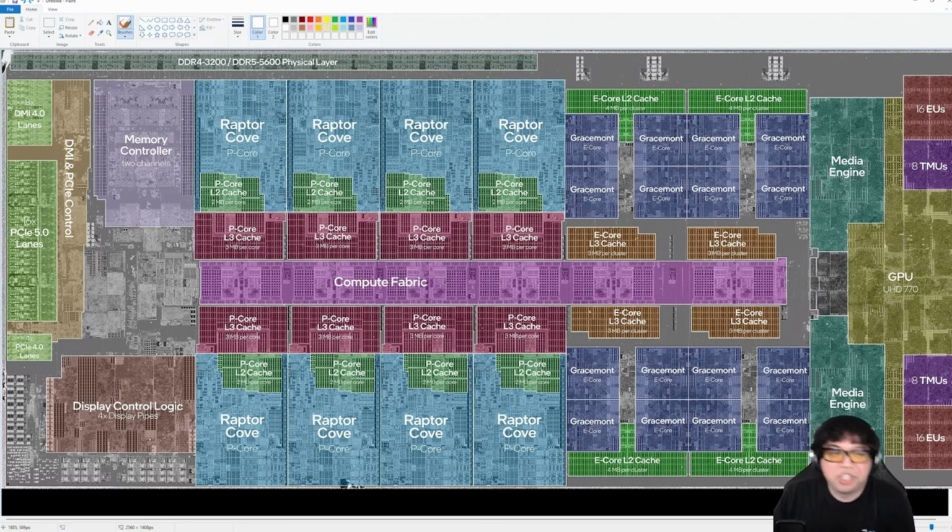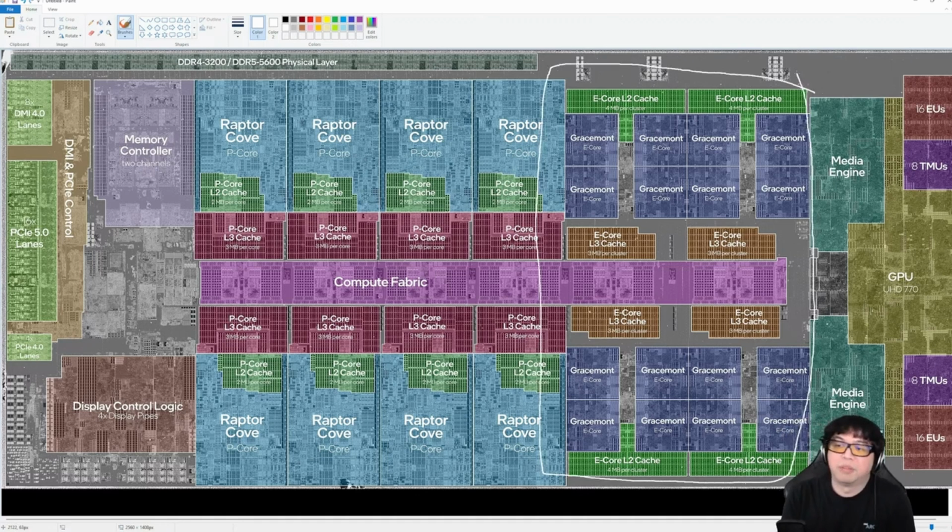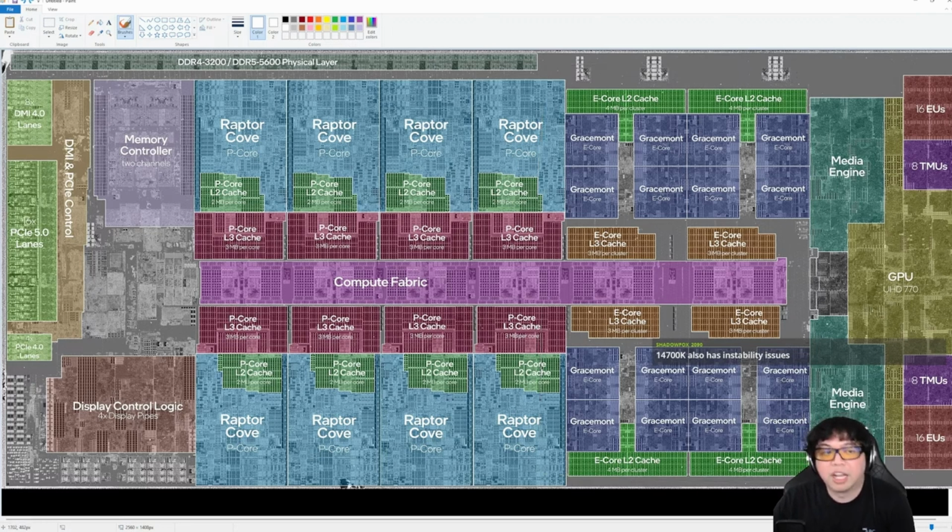There were significant changes in this section of the CPU from 12th to 13th gen, meaning from Alder Lake to Raptor Lake. Specifically, every single one of these E-cores clocks significantly higher on the 13th and 14th gen compared to the 12th gen.